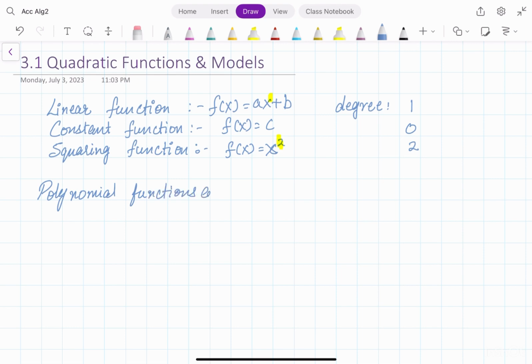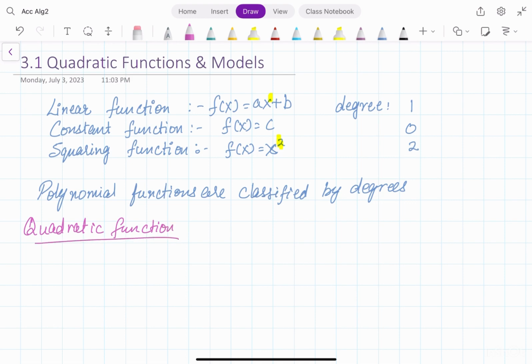If the degree is 1, it is linear. If the degree is 0, it is a constant. And when the degree is 2, we call it a squaring function, or a quadratic. For the quadratic function, we are looking for some properties.